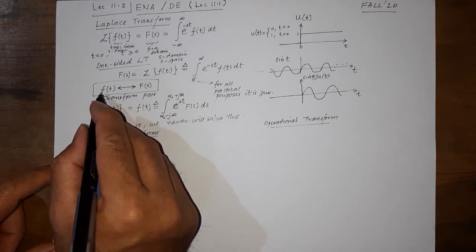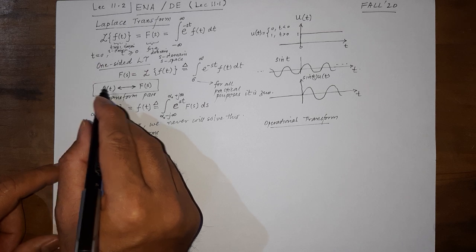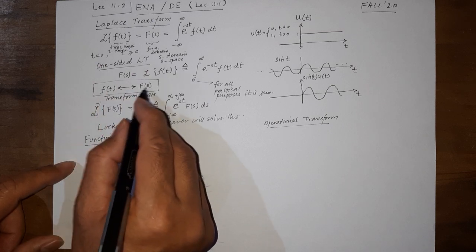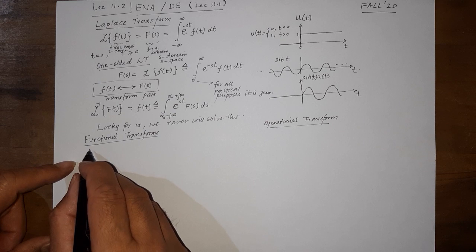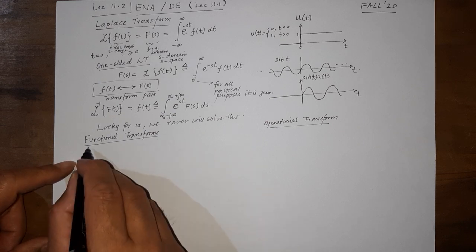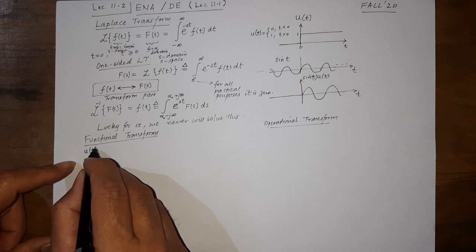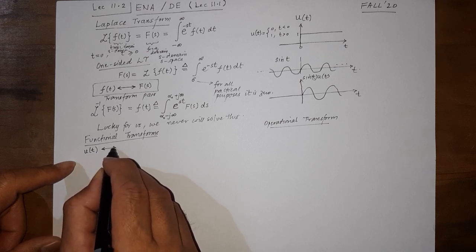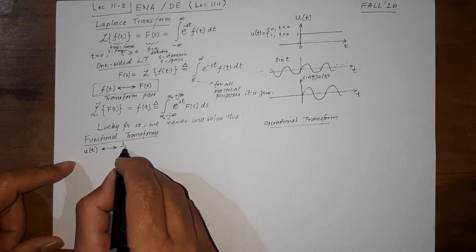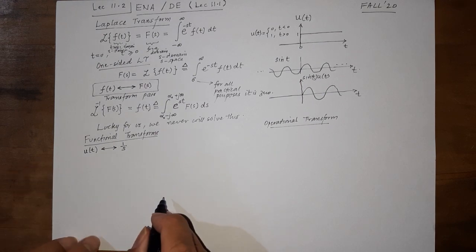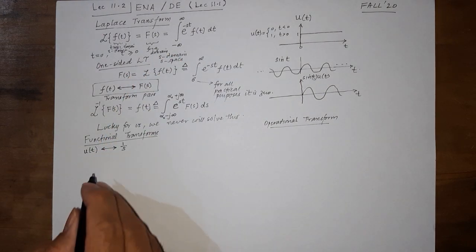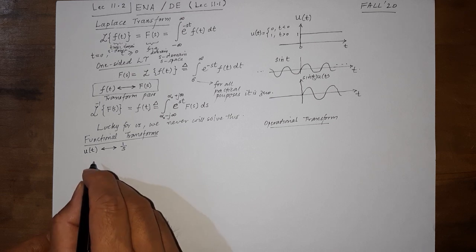What does that mean? On the left hand side, we have the time domain function. On the right hand side, we have the frequency domain function. So let us see that the Laplace transform of u(t) is 1 over s. How? All we are going to do is solve this calculus by solving this integral.